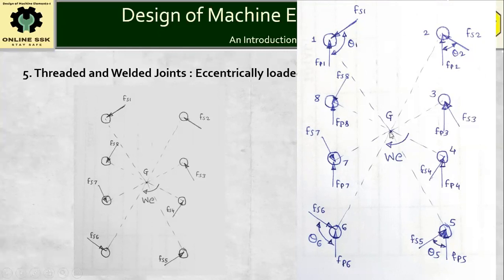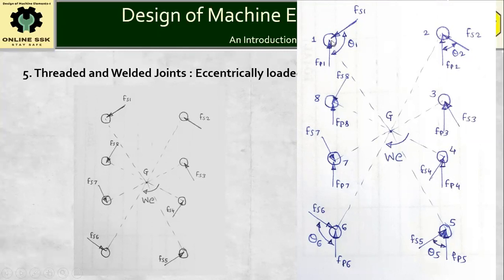Now, for deciding the critically loaded bolt, we have to apply the logic such that the furthermost bolt will be critically loaded. Now in this case, due to symmetry, one can note that either bolt number 1, 2, 5 or 6 are further away as compared to bolt number 3, 4, 7 and 8.